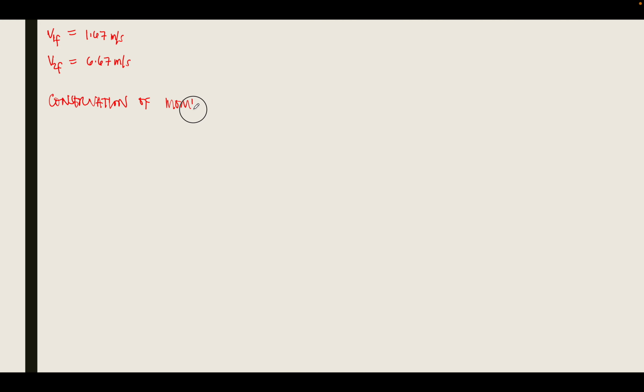So using the equation for the conservation of momentum, we have m1 v1 initial plus m2 v2 initial is equal to m1 v1 final plus m2 v2 final. Let's substitute their values.